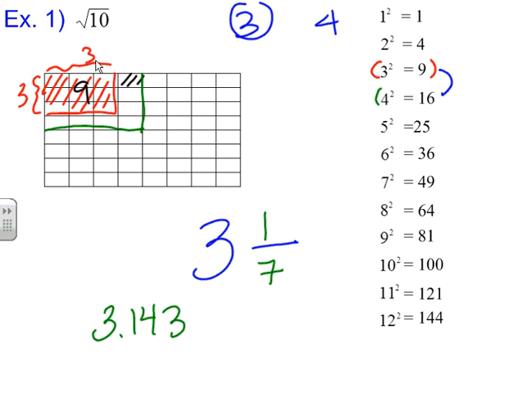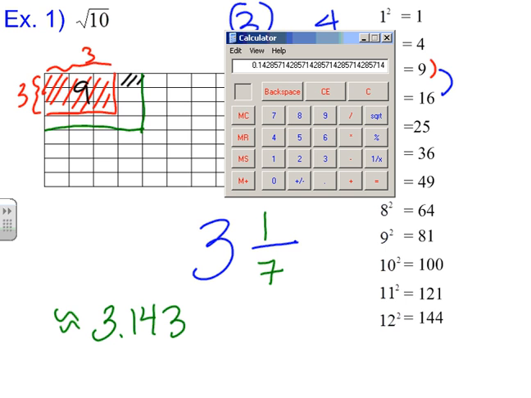So if we use the calculator to find the square root of 10, we're going to say it's approximately 3.143. Now let's find out what the square root of 10 is and see how good our little diagramming is. The square root of 10 is 3.16. So it's not too bad. We're a couple hundredths off, but that's a pretty good approximation without a calculator.